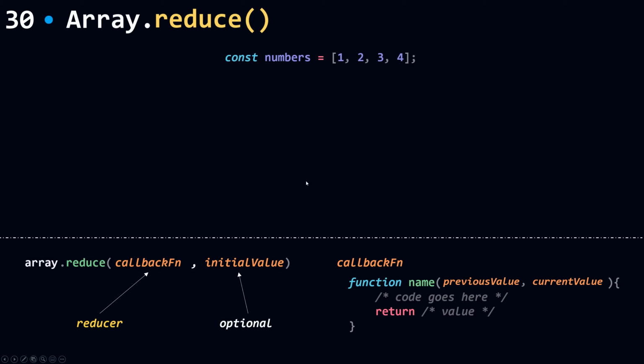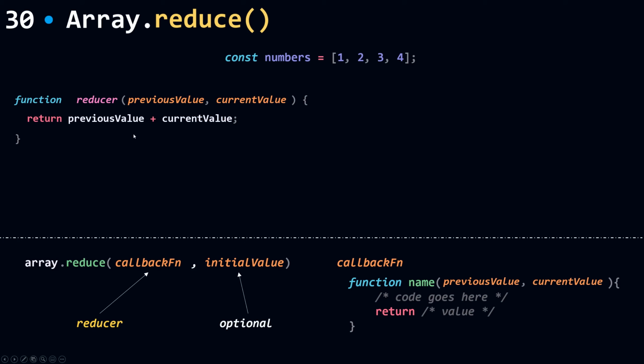Let's calculate the sum of these numbers using the reduce method. So I'm going to define a reducer function that I'm going to pass to my reduce method here. And then here are the previous value and the current value parameters. Now to calculate the sum, I'm just going to add the previous value to the current value each time.